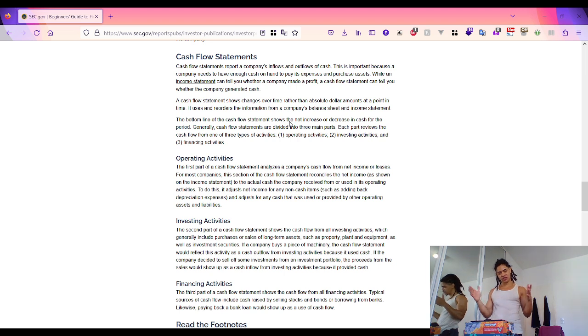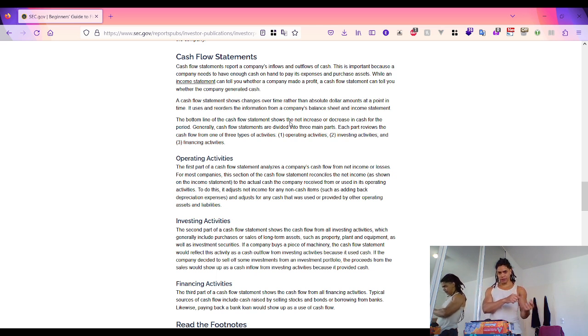The cash flow statement reports the company's inflow and outflow of cash. And this is important because a company needs to have cash on hand to pay expenses or purchase assets.